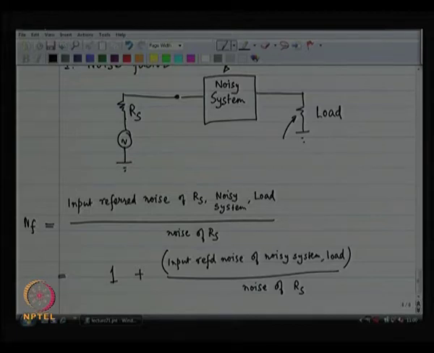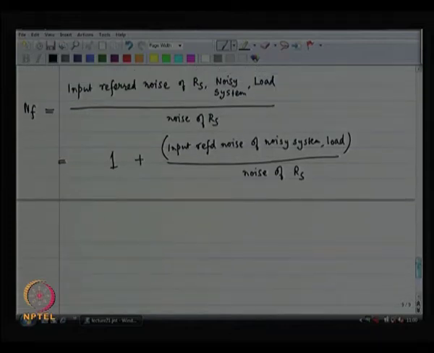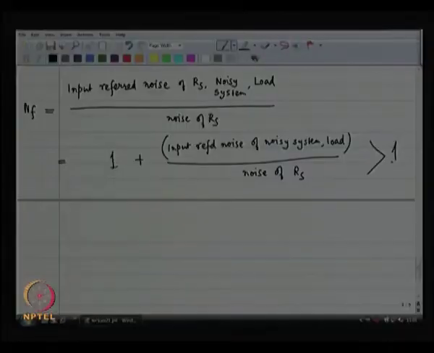So, your noise factor is never going to be less than 1. Okay. The best you can achieve at 0 Kelvin, if you freeze everything to 0 Kelvin, then you are going to get a noise factor of 1, right. Otherwise, you are going to get a noise factor which is definitely more than 1. Fine. Is this okay?